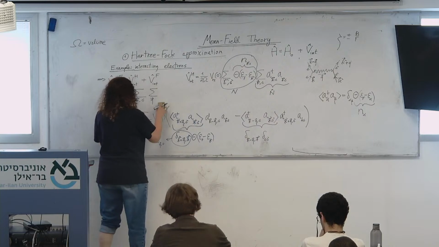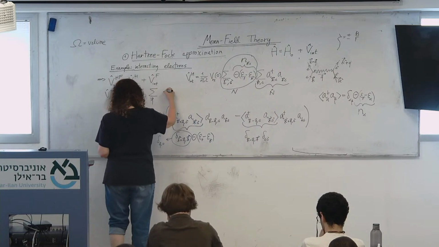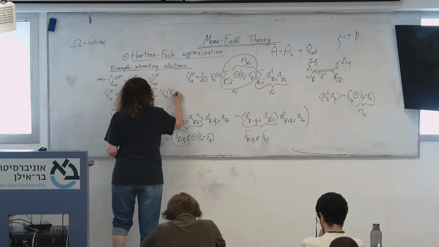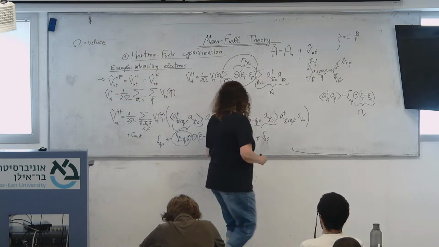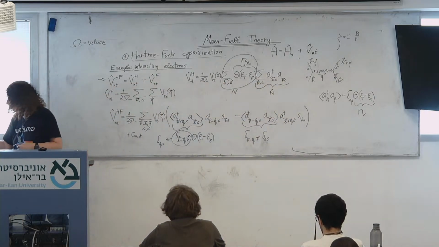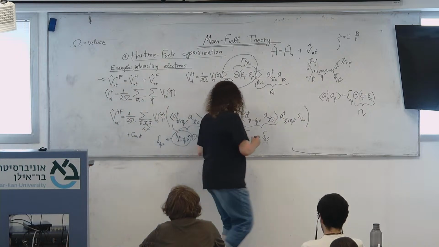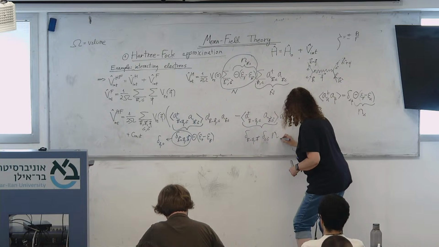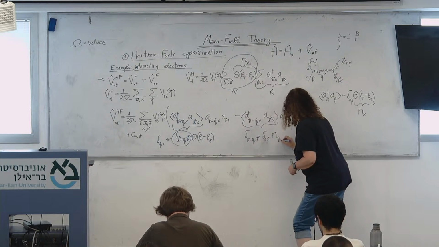So what is left inside the sum? First there is the V of Q, and sorry, I didn't finish writing. What I have here is the occupation of what? Of K minus Q and sigma.